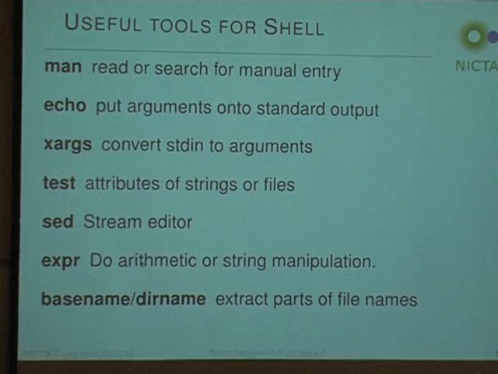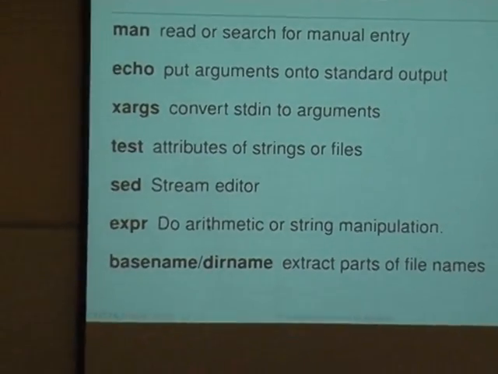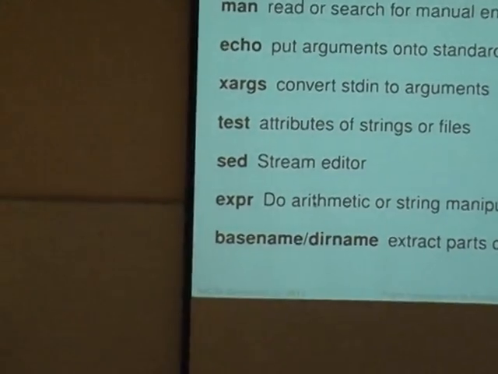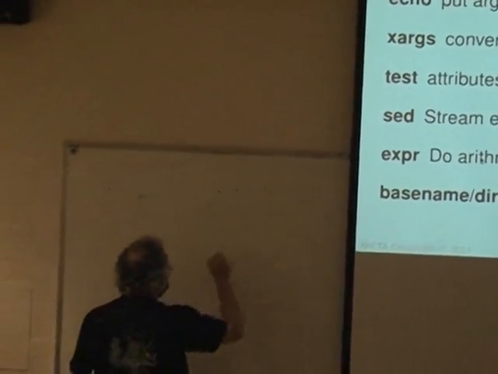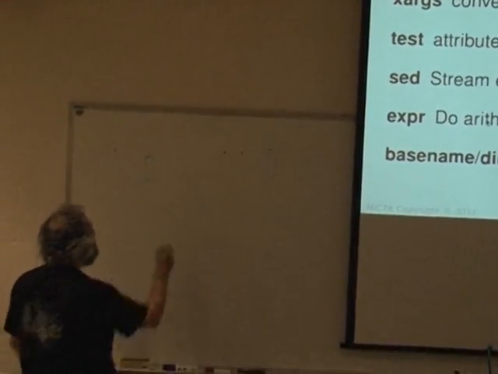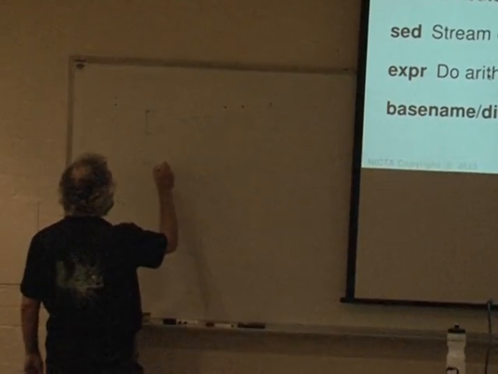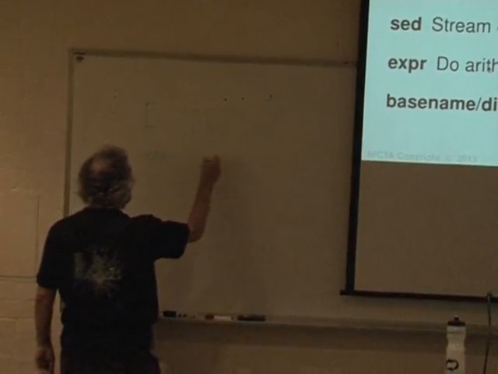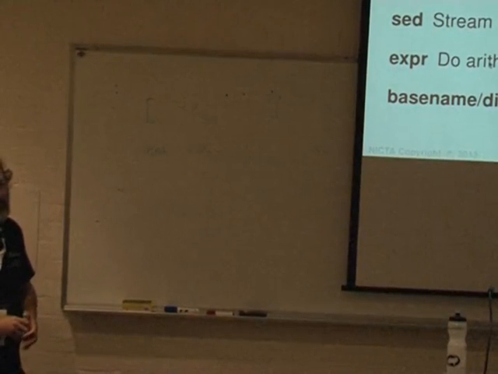One other thing to mention that I haven't mentioned yet is that test has an alternative spelling. A two character spelling actually: square bracket. That is exactly the same as test, except it sometimes looks nicer if you put it in an if or a while or something.